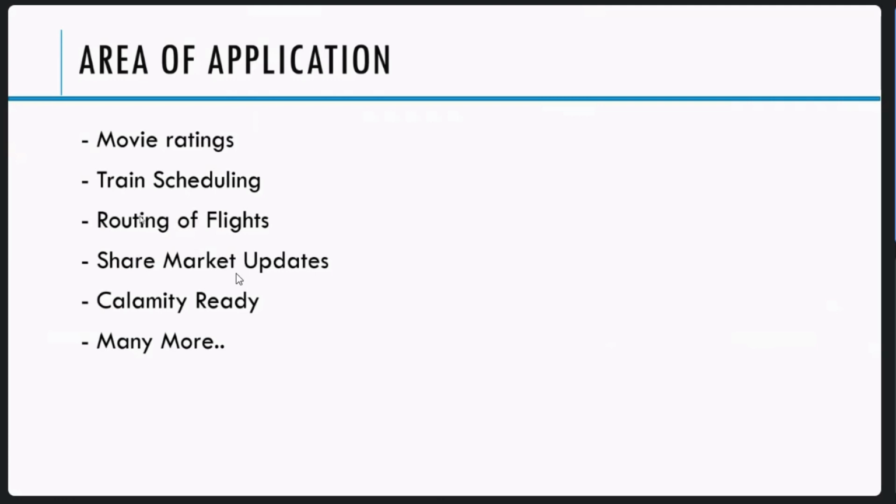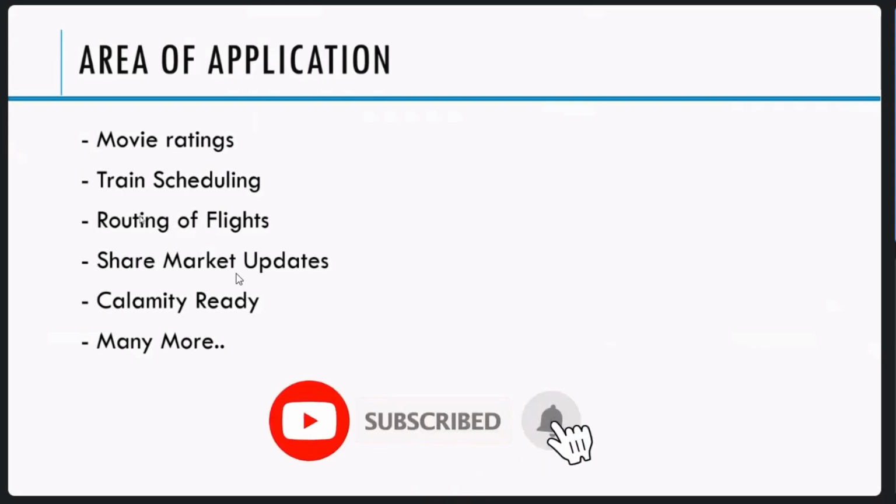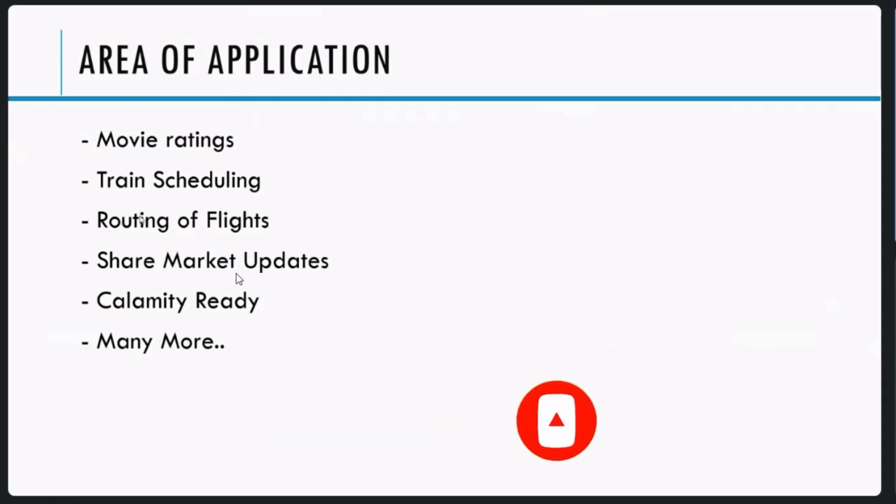How are you getting the share market updates? That means how does the share market get updates about every commodity every second? How do government NDRF teams get ready long before the arrival of a new cyclone, hurricane, or typhoon?